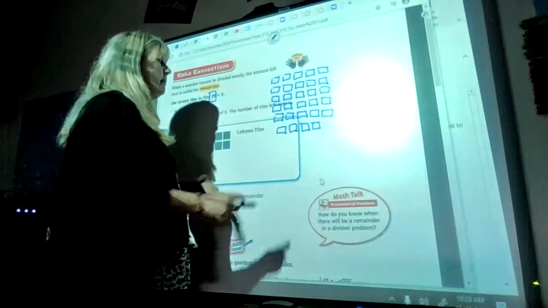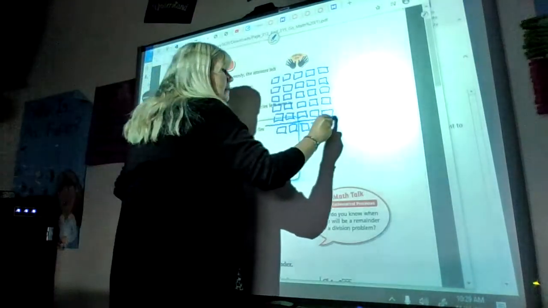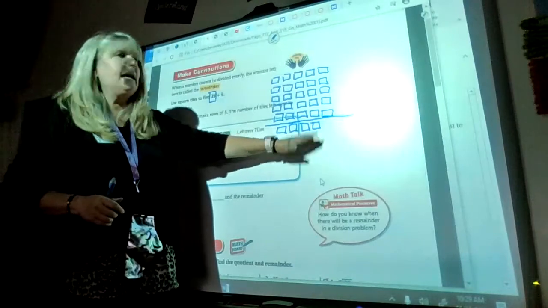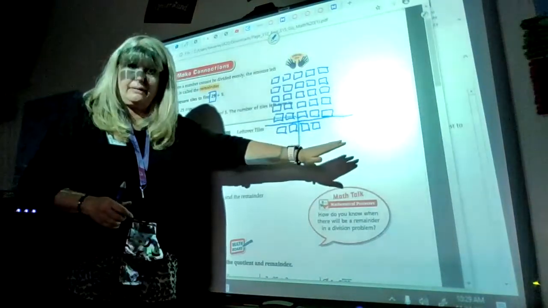Okay, this part right here are the remainders. They did not make an equal group of 5.